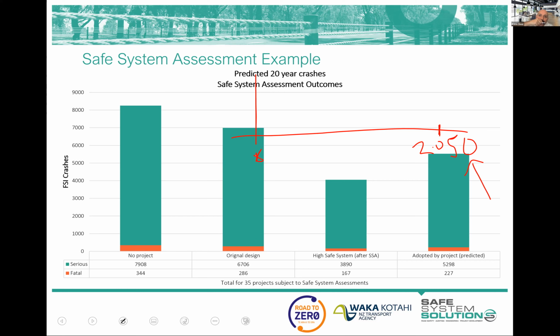And what you do is you can take crashes that have happened back here in the last few years, and you can take them down here and say, would that crash A, have happened, and B, resulted in death and serious injury in our end state in 2050? So you need to do pretty in-depth looking at these crashes.